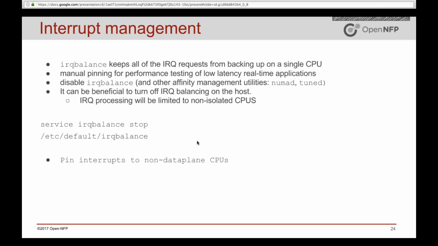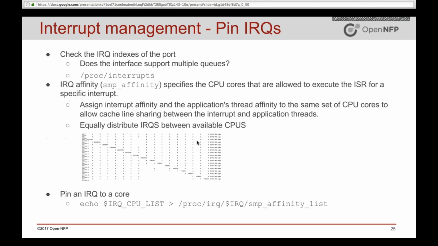Once you stop the IRQ balancing process, you also need to configure the system to take the interrupts from whatever location they are and steer them to the CPUs that you have designated to handle all of these miscellaneous interrupts. And those CPUs should not be the same as the data plane CPUs. So we're not going to go through this particular example in detail, but what we've described is turning off the interrupt balancing.